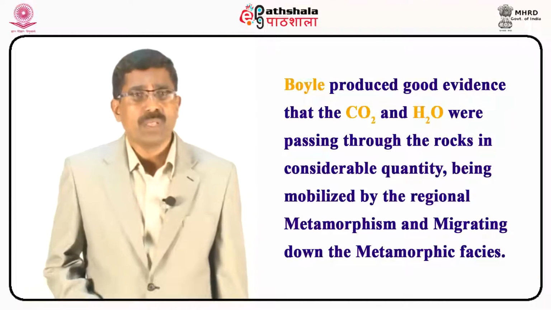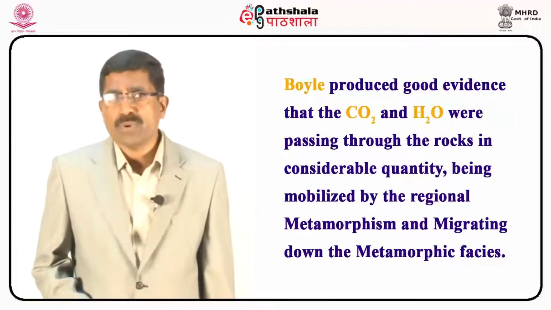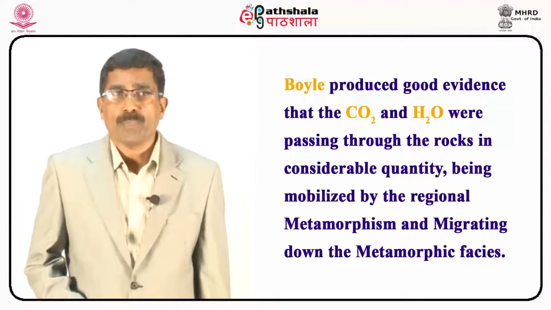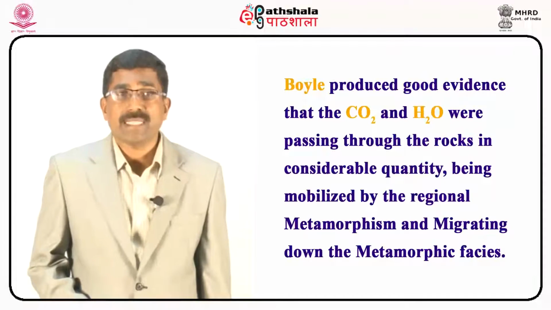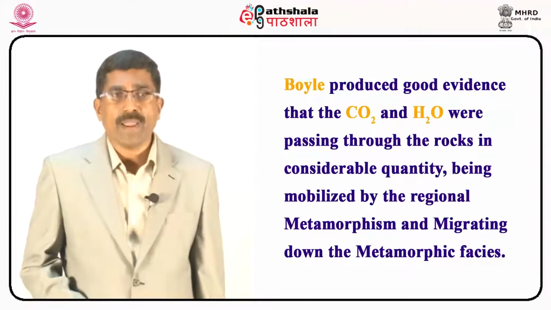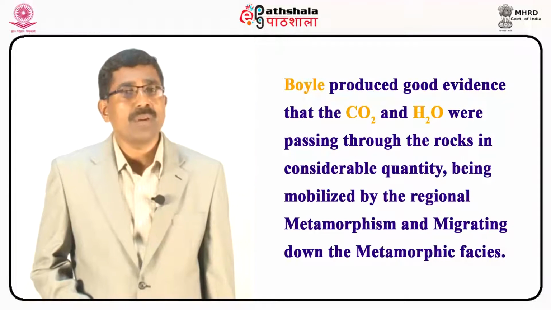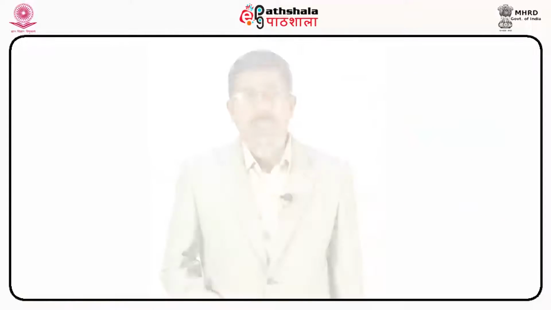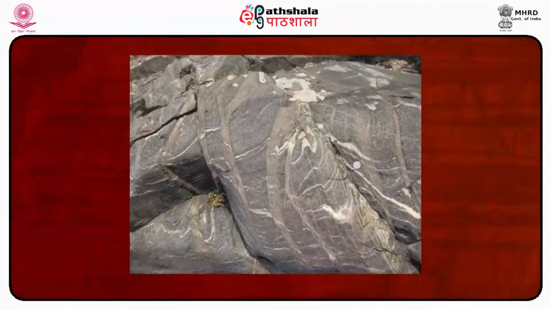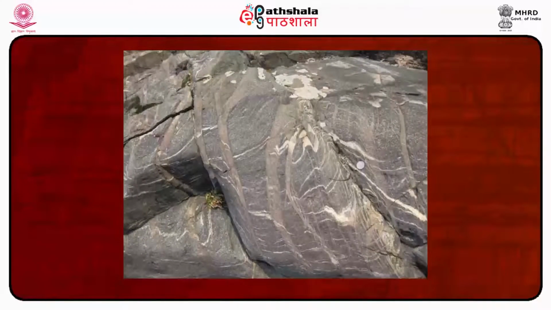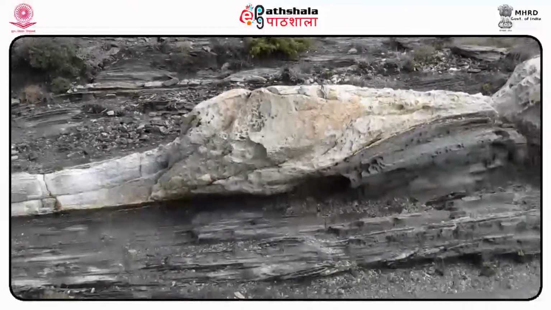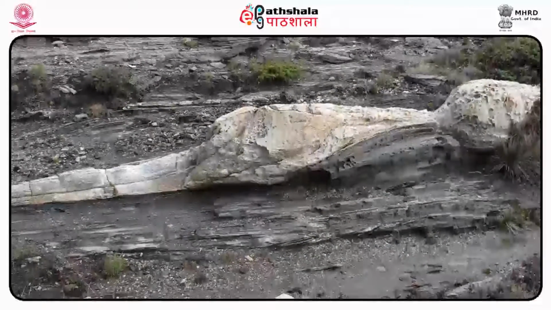Bailey produced good evidence that CO2 and H2O were passing through rocks in considerable quantity, being mobilized by the regional metamorphism and migrating up the metamorphic gradient. They passed into the shear zone to form the chlorite, carbonate and sericite. It appears highly probable that the major constituents of the shear zones resulted from the rearrangement and introduction of material from the country rocks.